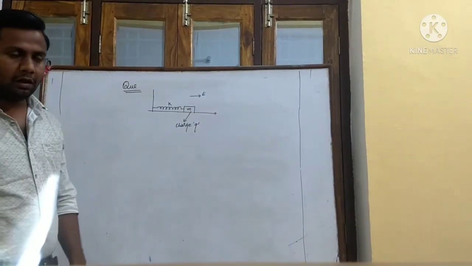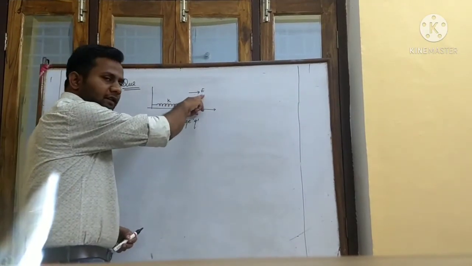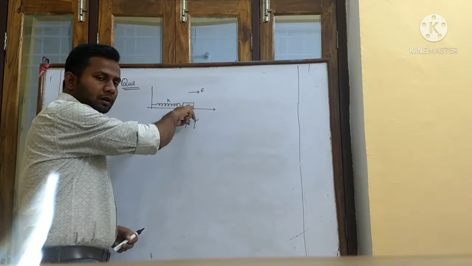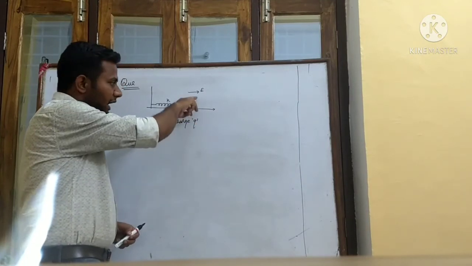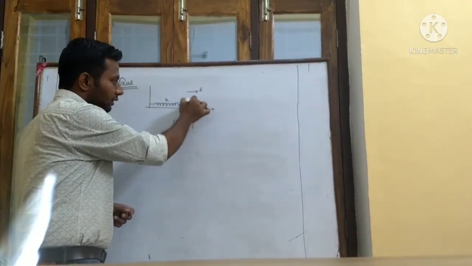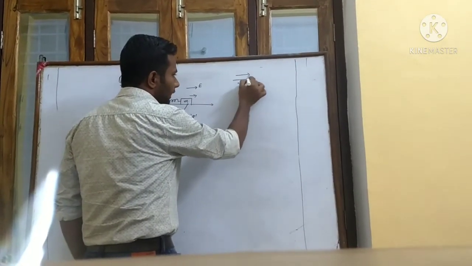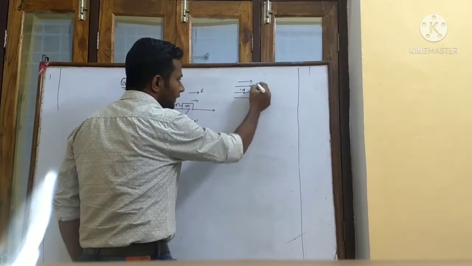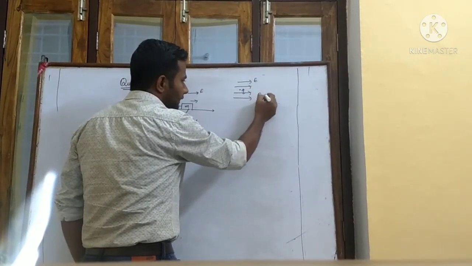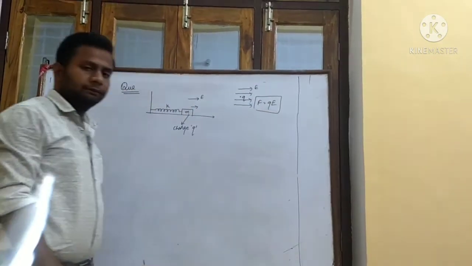Because of this electric field, this charged block will feel a force in this direction. All of you know, if there is a charge q in an external field, then the force is F equal to qE.